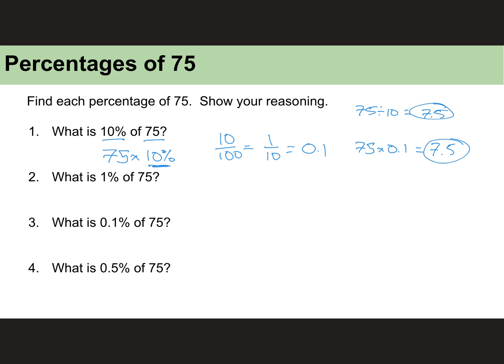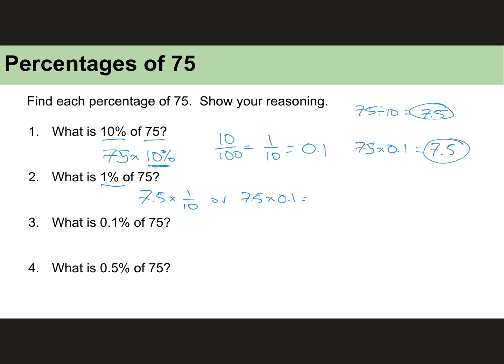Now, in the second question, I'm going to find a smaller percentage than that. I want 1%. If I know that 10% is 7.5, 1% is also 1/10 of that solution. So 7.5 times 1/10 would give me the solution to this.